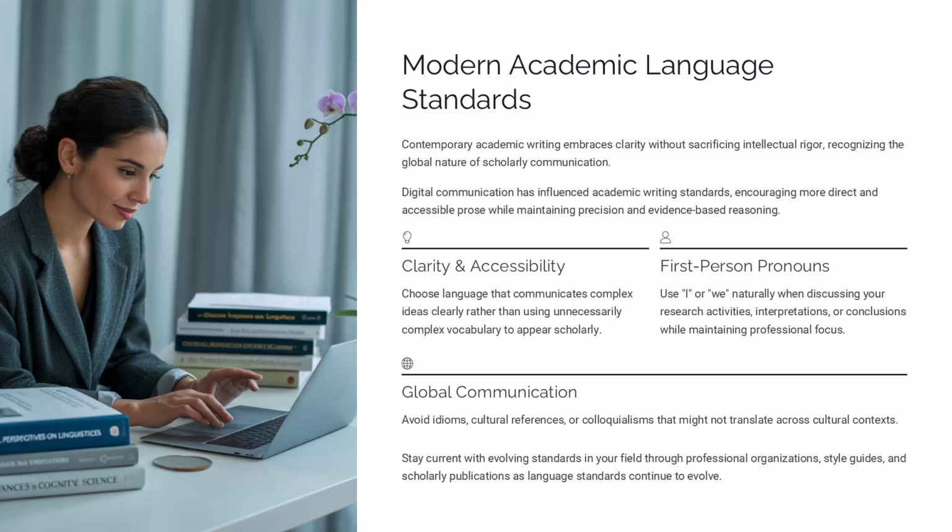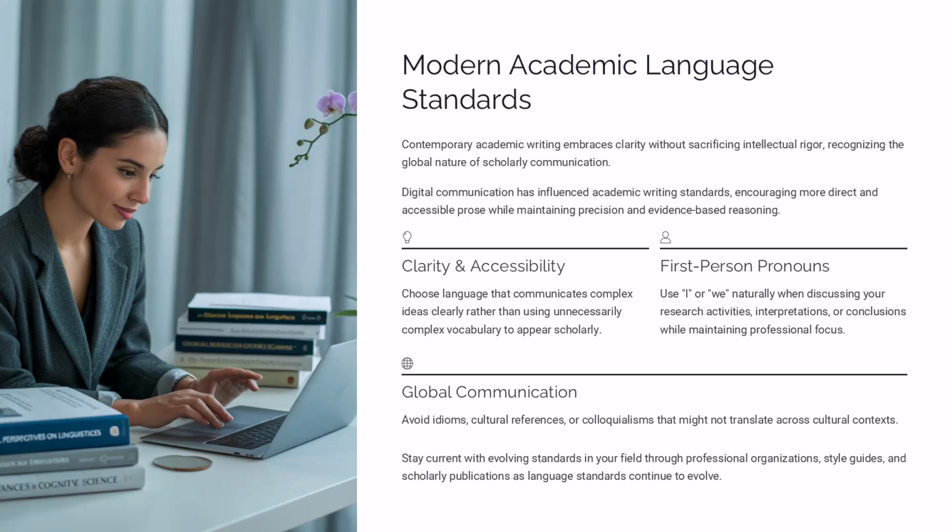Modern standards encourage strategic use of first-person pronouns when they enhance clarity and directness. Instead of contorting sentences to avoid "I" or "we," use these pronouns naturally when discussing your research activities, interpretations, or conclusions. "We hypothesize that social media use would affect academic performance" is clearer and more direct than "it was hypothesized that social media use would affect academic performance."